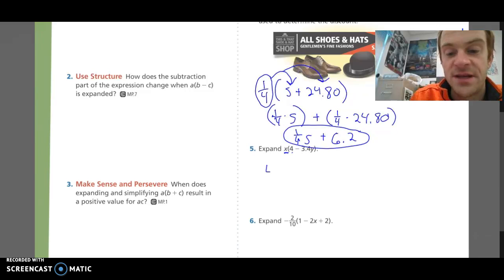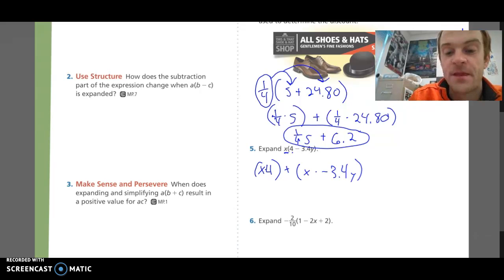So my intermediate step, and this is going to be really helpful to do at the beginning of these so we make sure we don't make silly mistakes, is I'm going to take x times 4, and that's supposed to be a multiplication dot there, and I'm going to add that to the product of whatever x times a negative 3.4y is. And so notice I took that negative and I just linked it with the 3.4y because that's where it goes. And then I'm going to just simplify these.